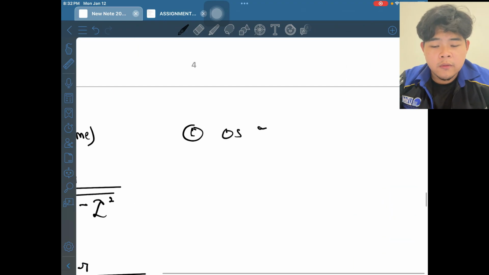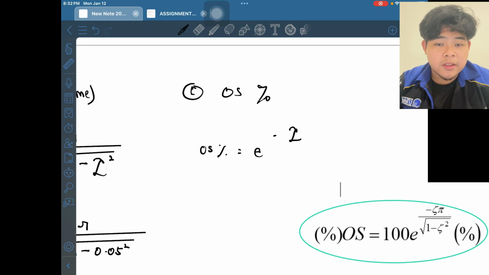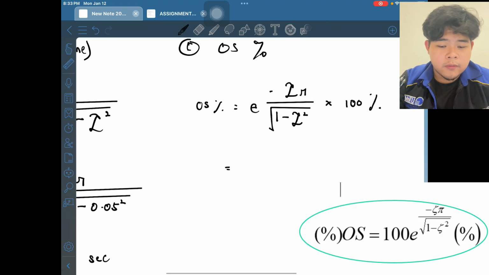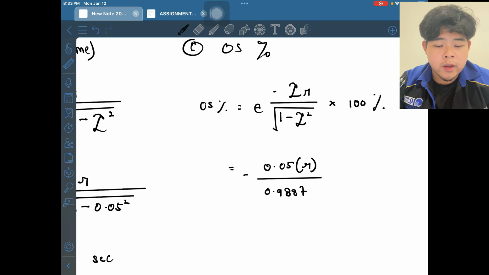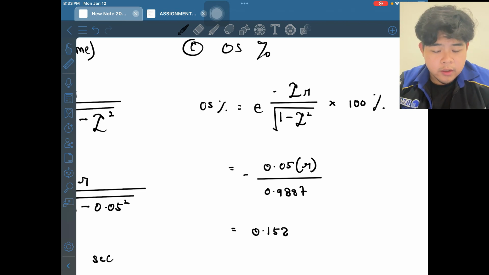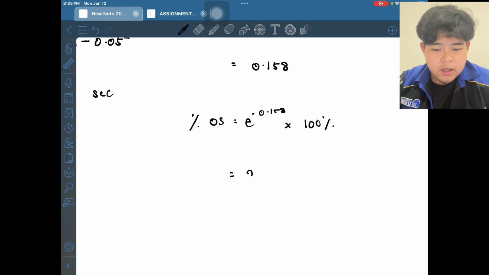And then finally for percentage overshoot, we will get it using the formula provided in the lab notes as well: e to the negative sigma pi over the square root of 1 minus sigma squared, times 100%. So we're going to insert all of the values that we have gotten so far, and the percentage overshoot we will finally get is 85.47%.